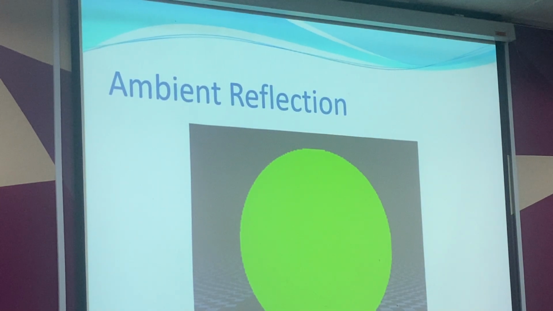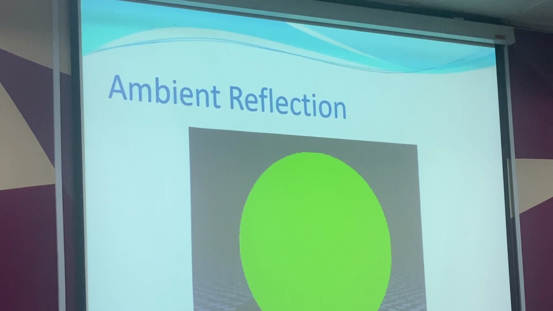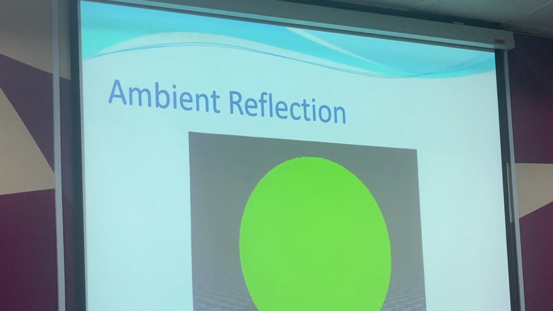Okay, ambient reflections. So we start with the reflections. Also formulas, you will see a lot of formulas here. How to calculate the reflections for ambient lights. You can see reflection for ambient lights is in all directions. The ambient light is the one that will give the colors to the objects.